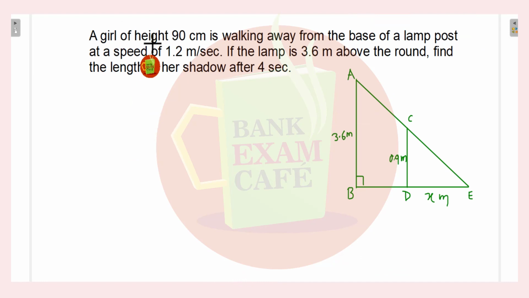Now the next question is that a girl of height 90 centimeter is walking away from the base of a lamp post at a speed of 1.2 meter per second. If the lamppost is 3.6 meter above the ground, find the length of her shadow after 4 seconds.